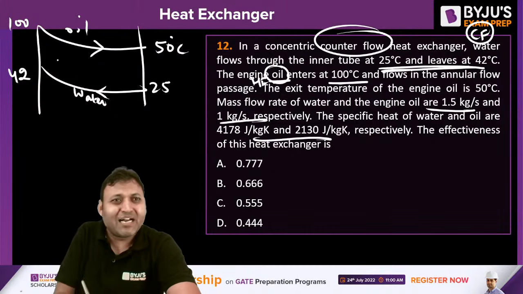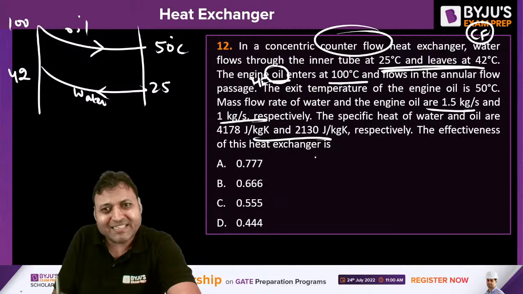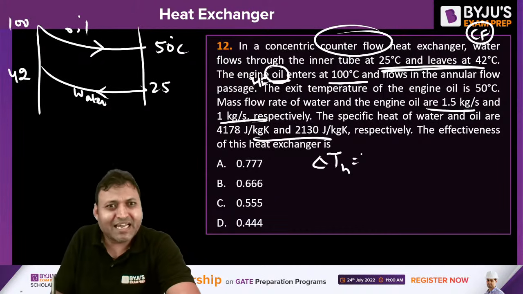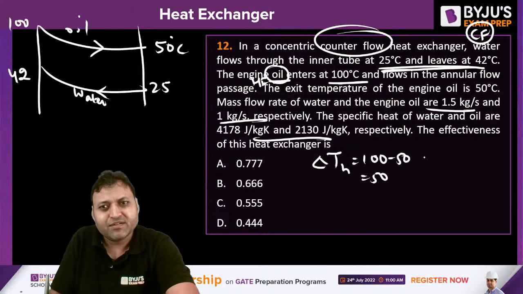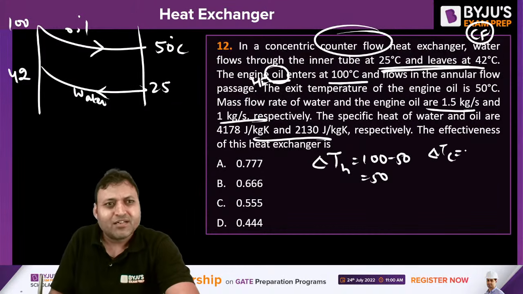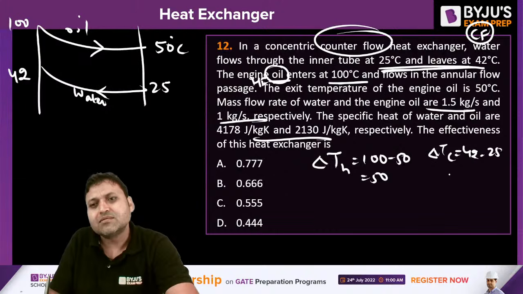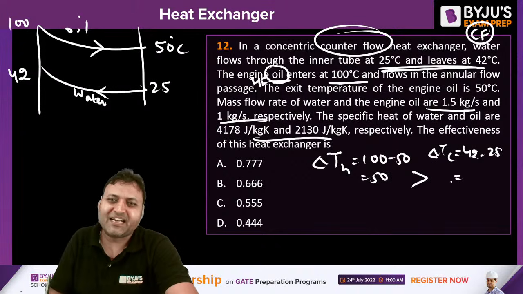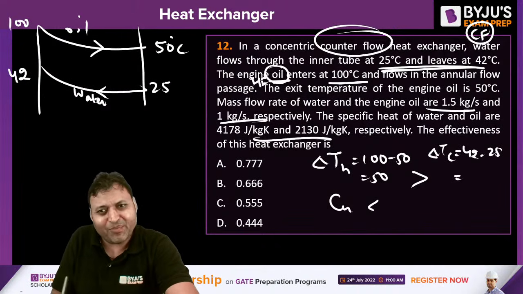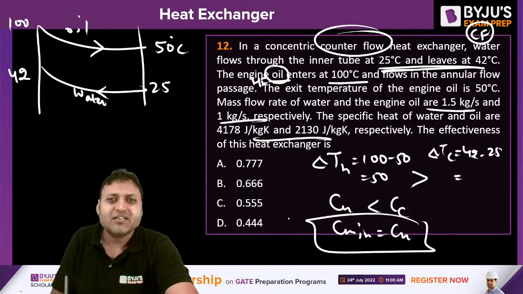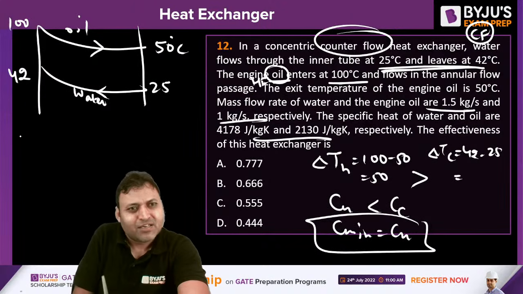From the terminal temperatures, we can find out delta TH. Delta TH is 100 minus 50, that is 50. Delta TC is 42 minus 25, that is 17. So delta TH is greater than delta TC. So CH will be less than CC, or C minimum is equal to CH. The question is similar to the previous case.